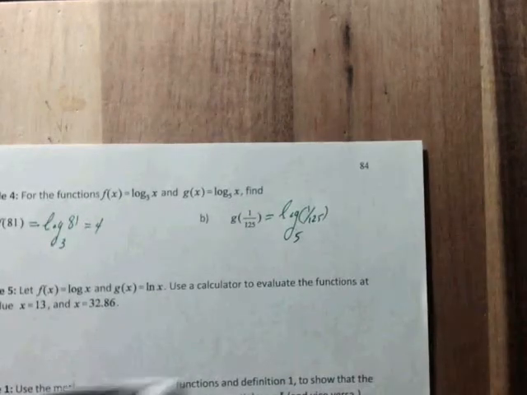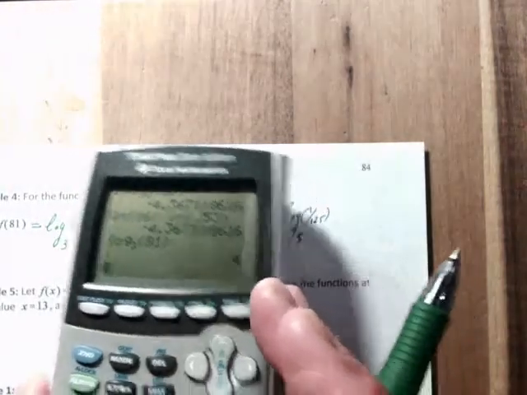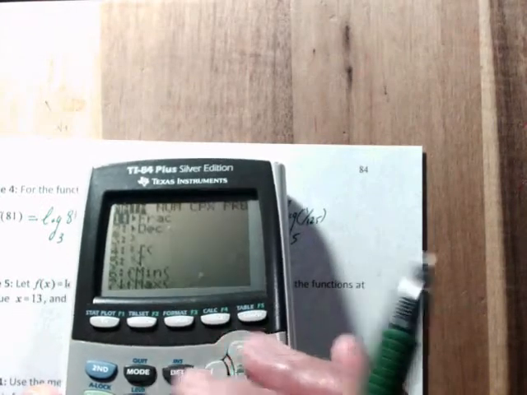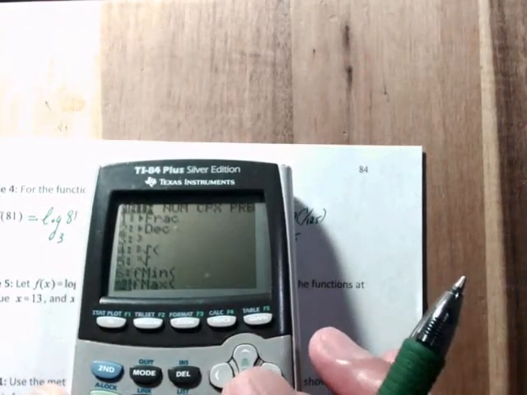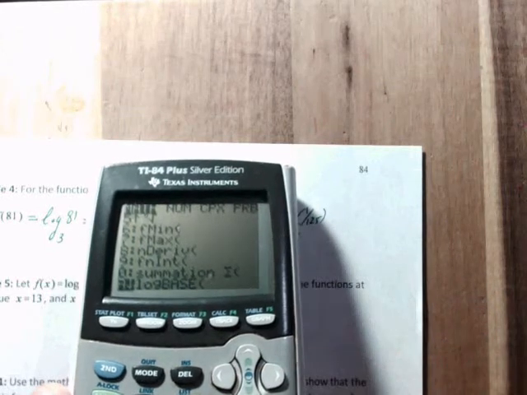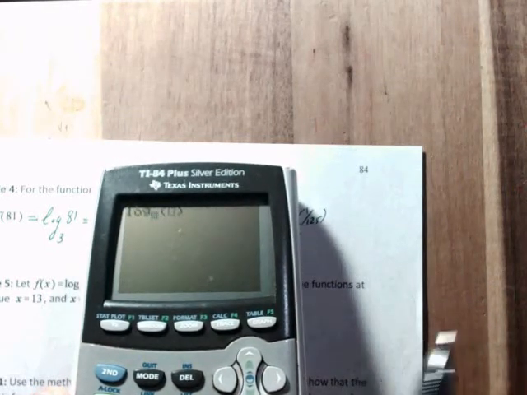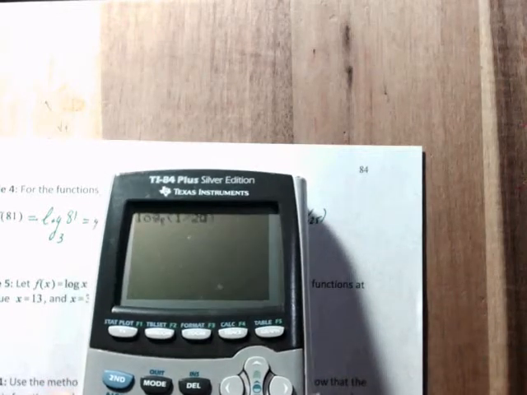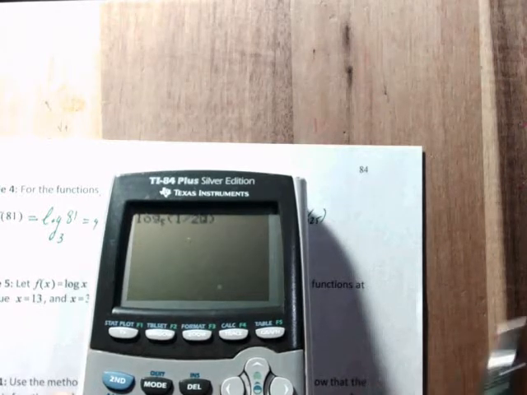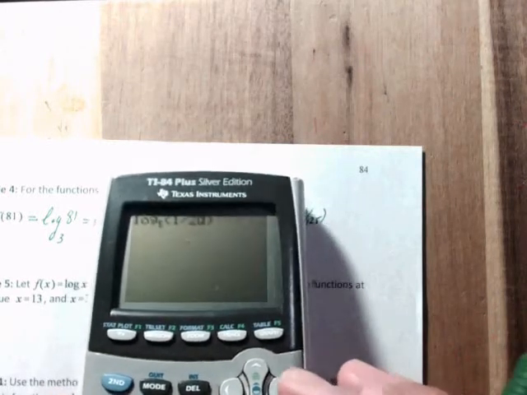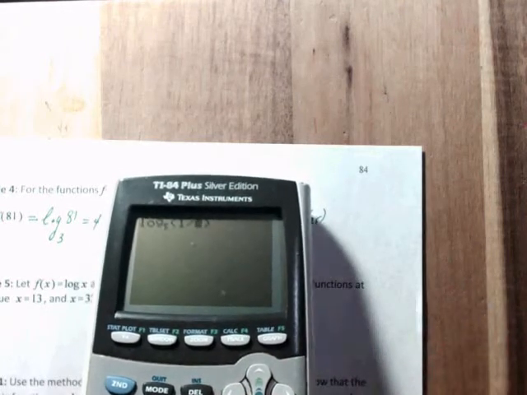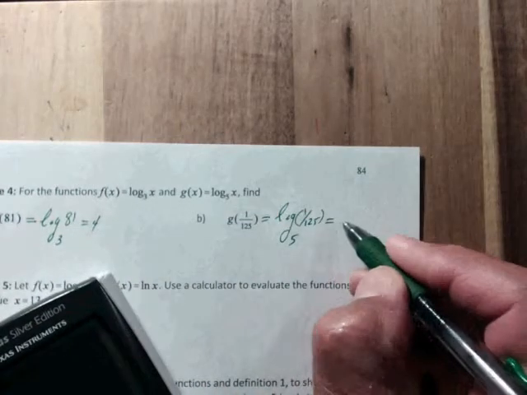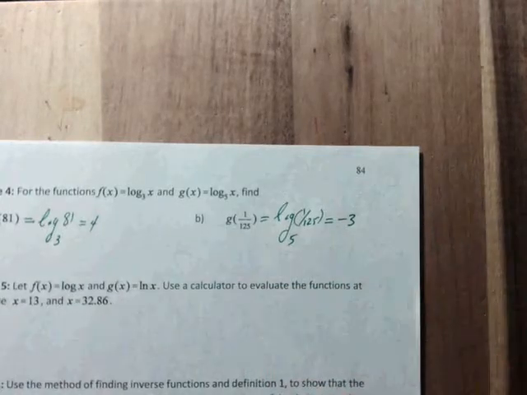If I use my calculator again, math, log base 5, 1 divided by 125, negative 3. So the answer is negative 3. So this is it.